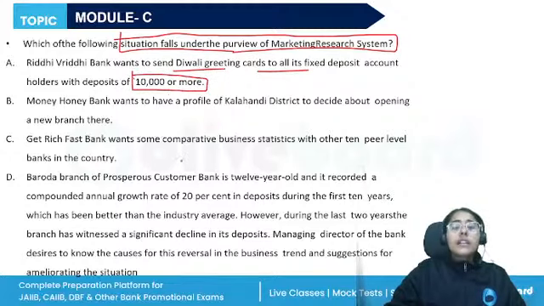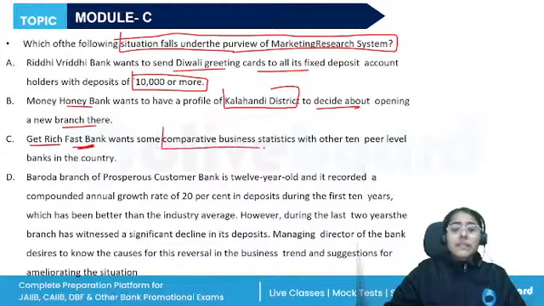Do they need to conduct marketing research for this? The Money Honey Bank wants to have a profile of Kalahandi district to decide about opening a new branch there. Get Rich Fast Bank wants some comparative business statistics with other 10 peer level banks in the country.